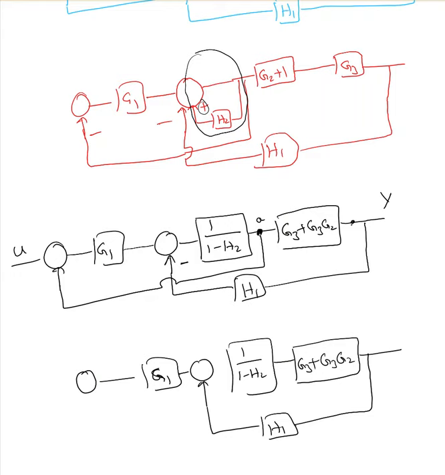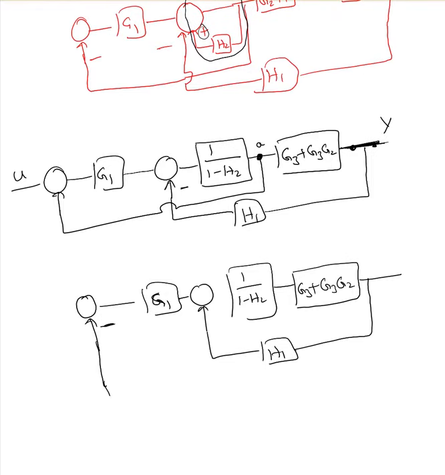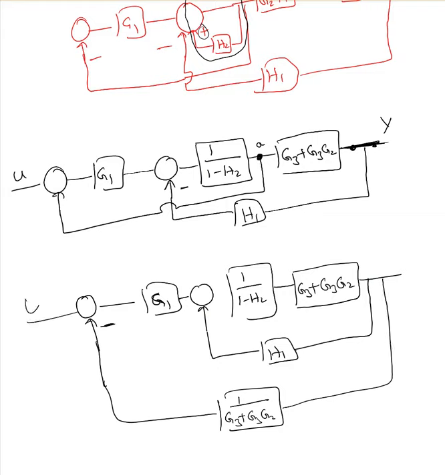It doesn't matter whether I move it to this point or this point, because it's the same line. The signal anywhere is going to be the same. So this feedback is also negative feedback. We'll end up having 1 over z3 plus z3 z2. Okay, so this is u and this is y.